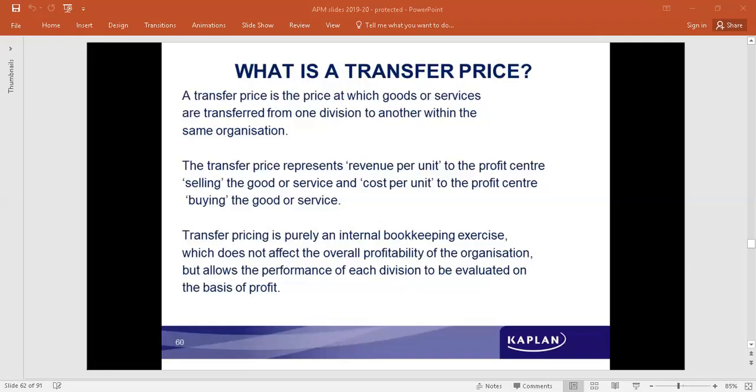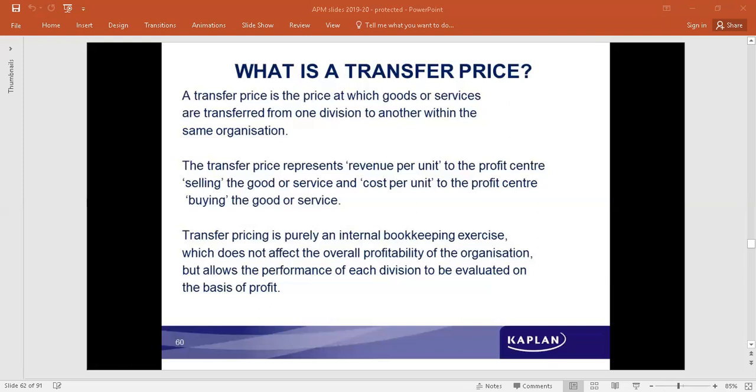Now the selling department will want to charge the same price to the internal departments as they charge to the external customers. But from the internal buying department's point of view, if a profit margin is added, it would increase their cost.